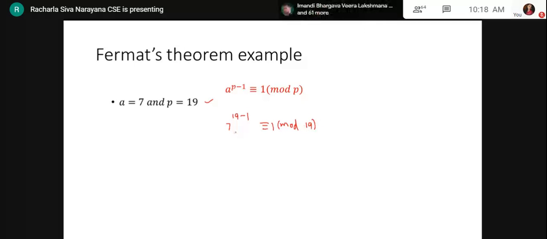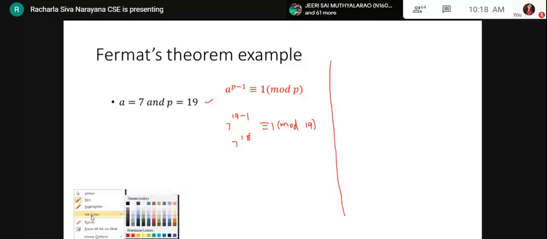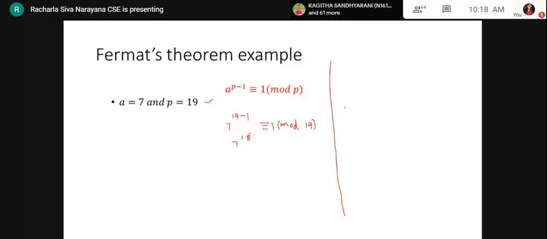So you know how to calculate 7 power 18. How do we calculate 7 power 18? First we perform 7 mod 19.